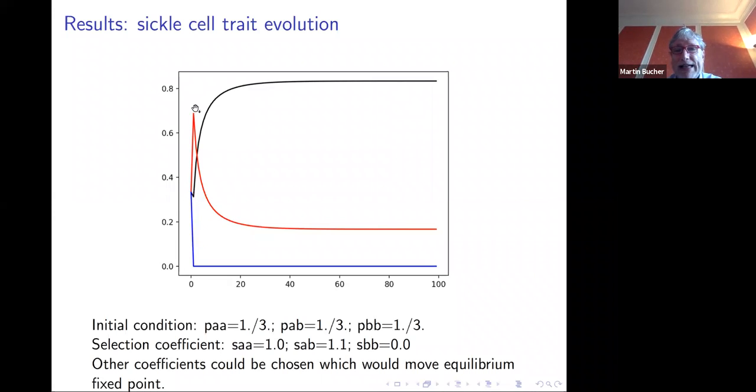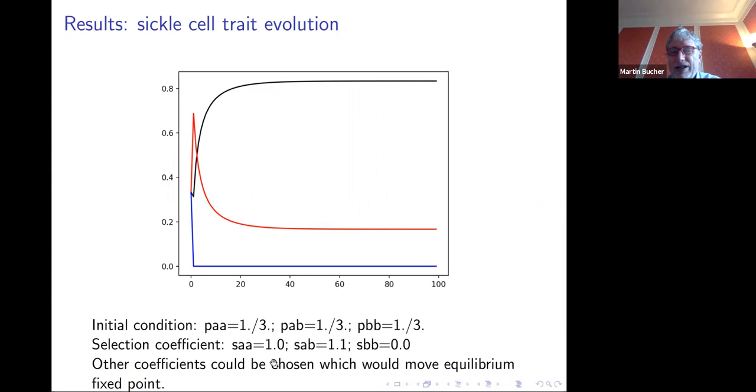So you look at what happens. You first get this spike, and this doesn't satisfy the Hardy-Weinberg equilibrium, which in the absence of selection happens in one generation.